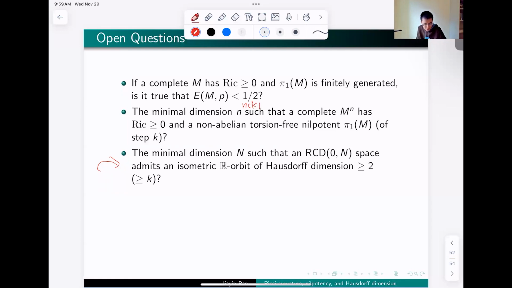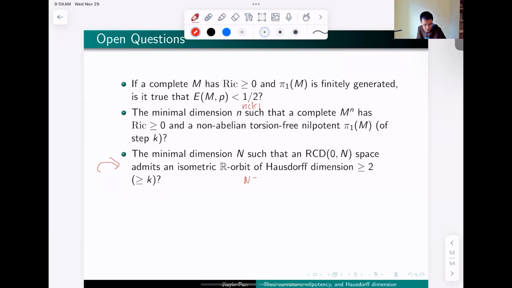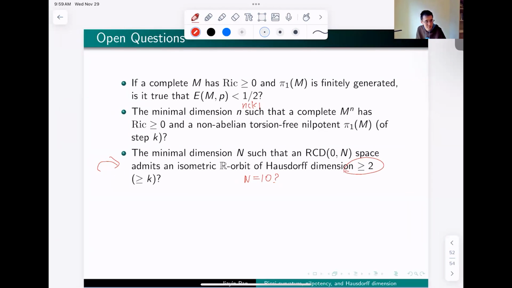The best example we know so far is actually n equals 10, but we don't know whether there's a reason behind it or whether you can find a smaller dimension. So for Hausdorff dimension 2, we have n equals 10 as our example. It seems optimal, but we don't know why.